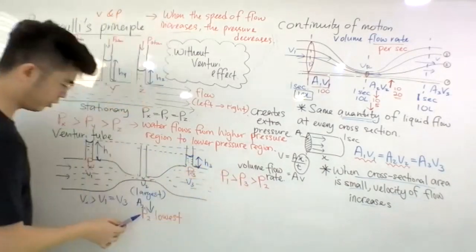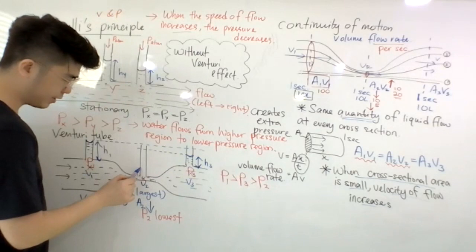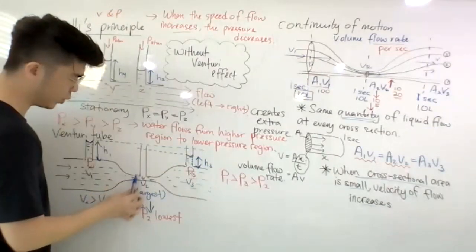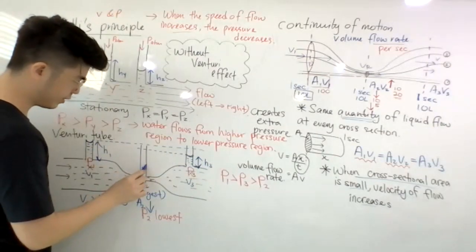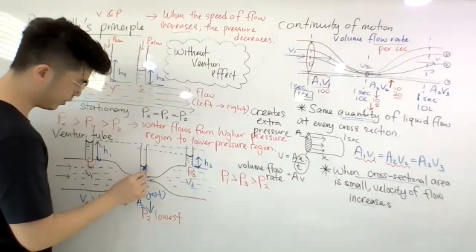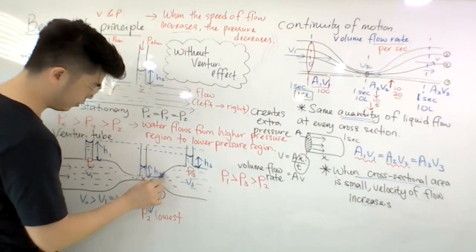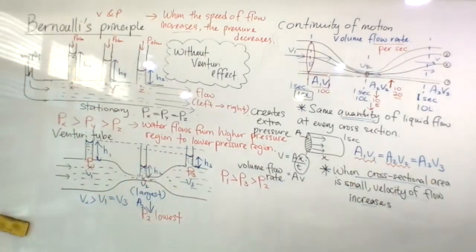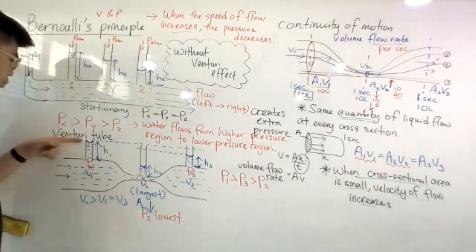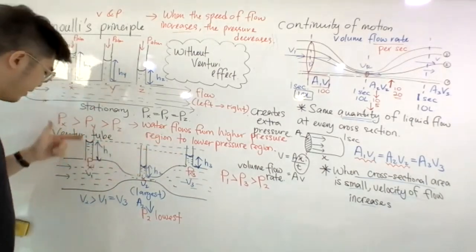Last is P2. P2 is lowest. That means the water level should be the lowest among all of these. Here I will put this is H2, lowest. So what you notice is that the water level is different in height.